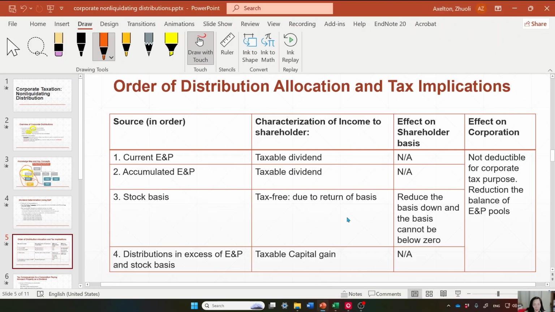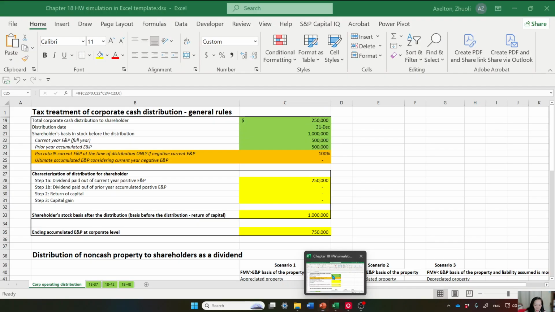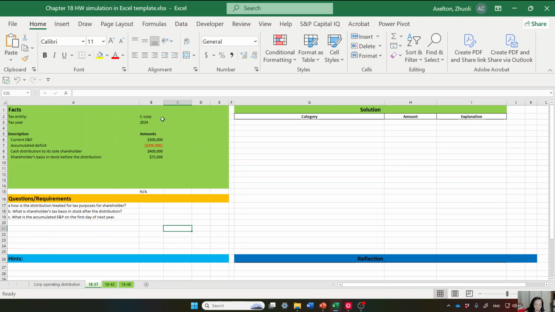Okay, so this is really the core knowledge we want to make sure we understand. There will be homework regarding this calculation. If you come back to the Excel worksheet, you will see the first one will be a homework in chapter 18 and 37.